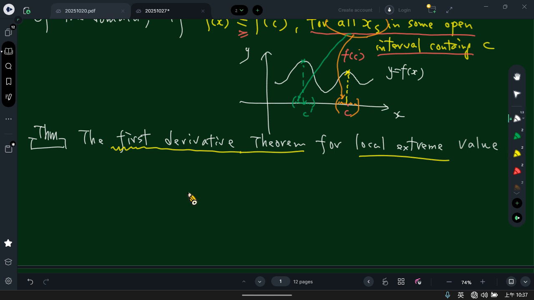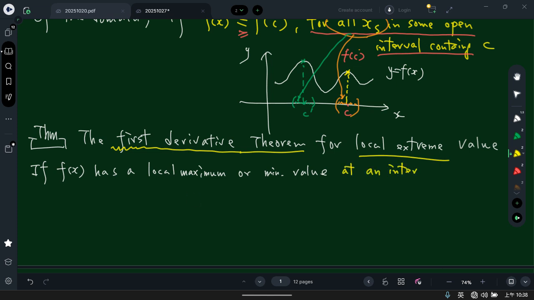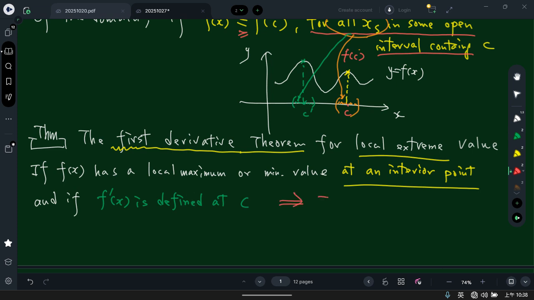The theorem is described like this: if f of x has a local maximum or local minimum value at an interior point, remember, this is focusing on interior point, and if f prime x is defined at C, we can conclude that f prime of C should be 0.